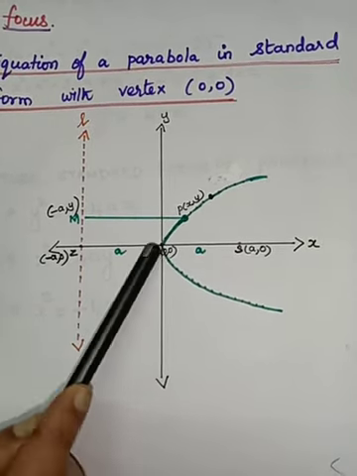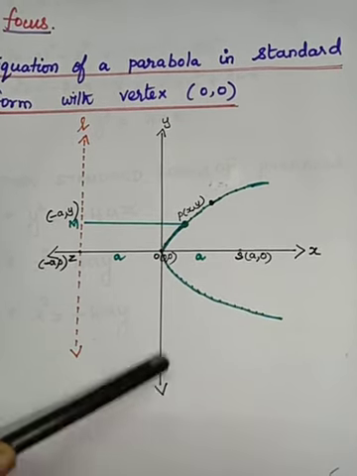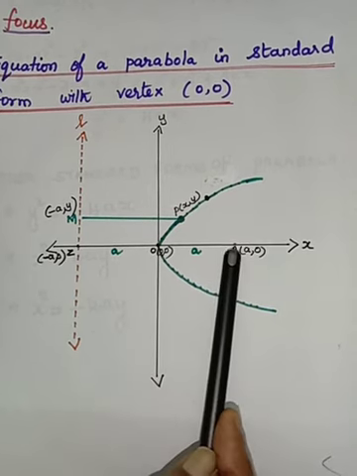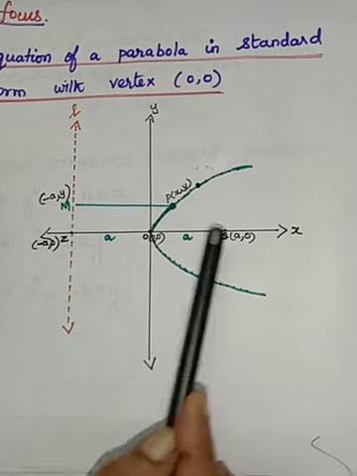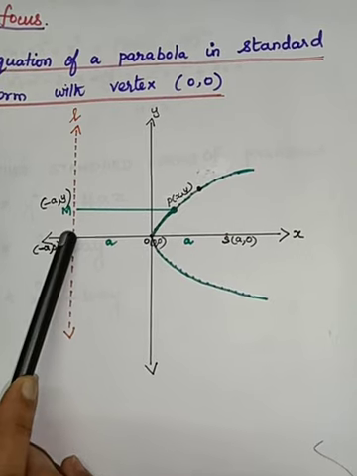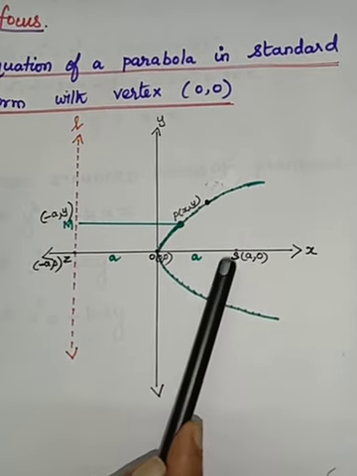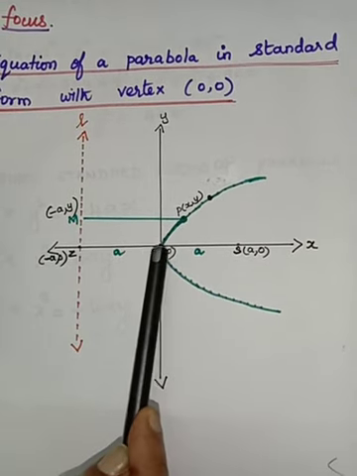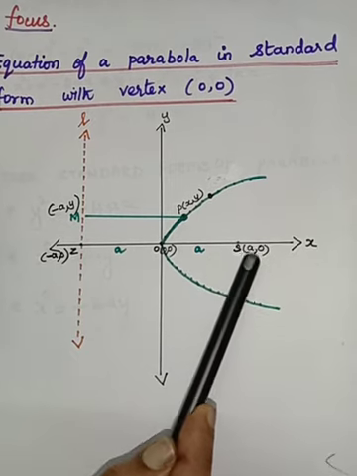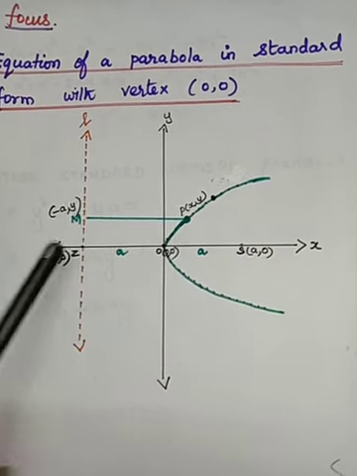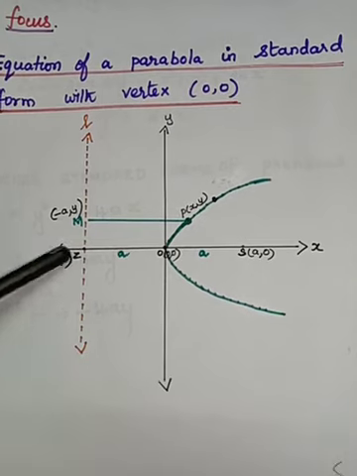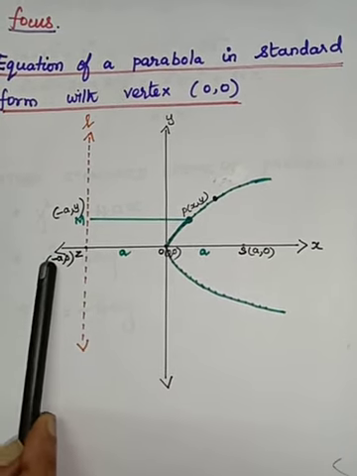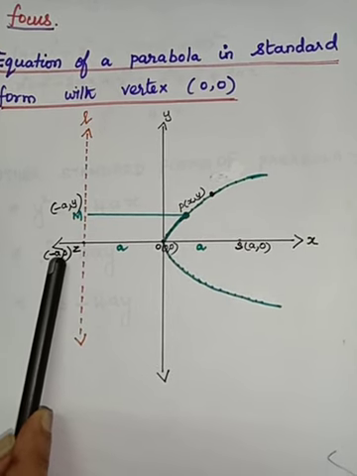From 0, 0 to this point the distance is a, and here this distance is also a. The focus is on the positive side of the x-axis, at distance a from the origin, so this point is a, 0. And Z is on the negative side of the x-axis, at distance a from the origin, so it is minus a, 0.